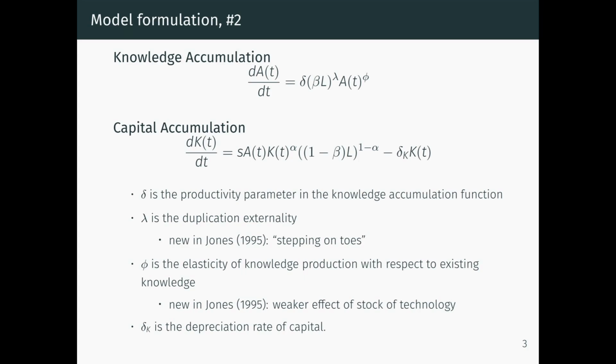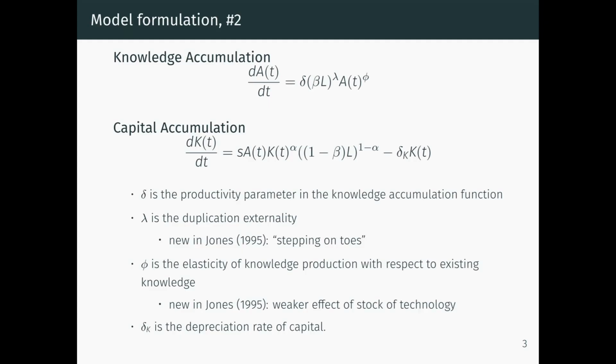So that captures the possible effect that the more researchers there are in an economy, the more they might be researching on the same topic, and thus waste resources and actually not find any new inventions.